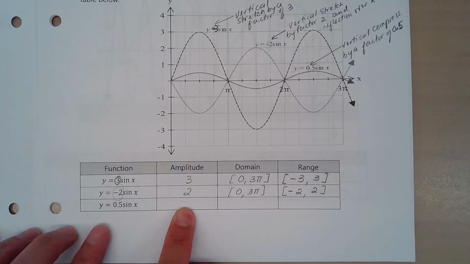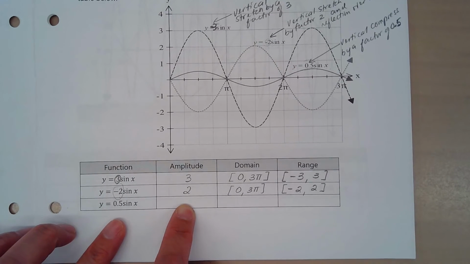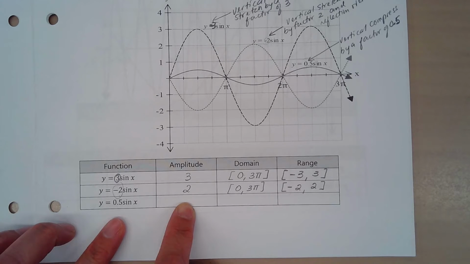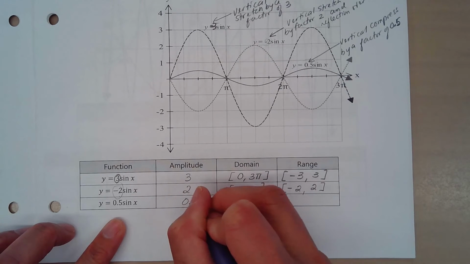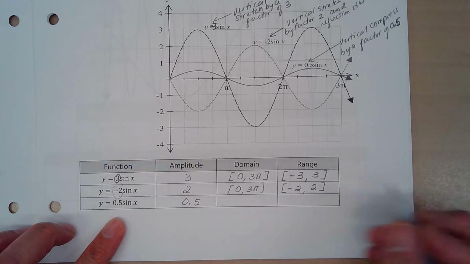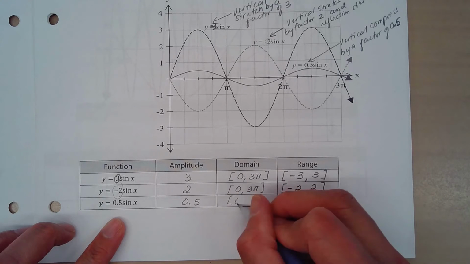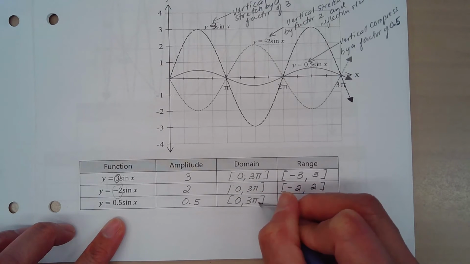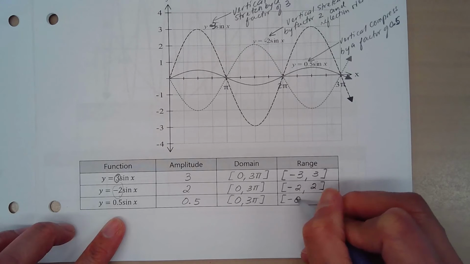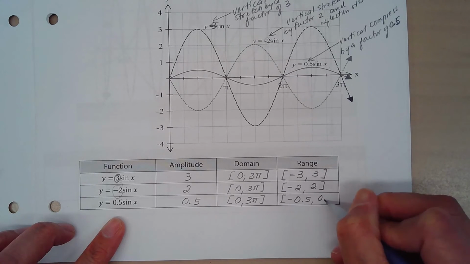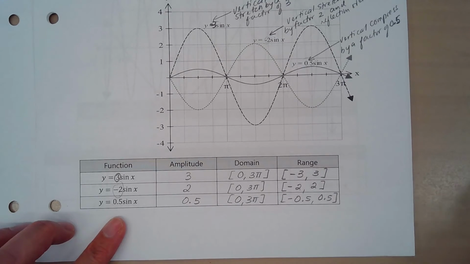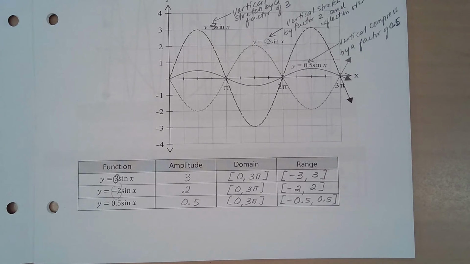And last but not least, what's the amplitude here? 0.5. The domain is 0 to 3 pi, and the range is from -0.5 to +0.5. Start off with something easy. We're going to do this piece by piece.